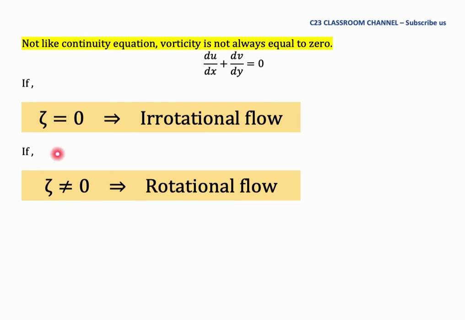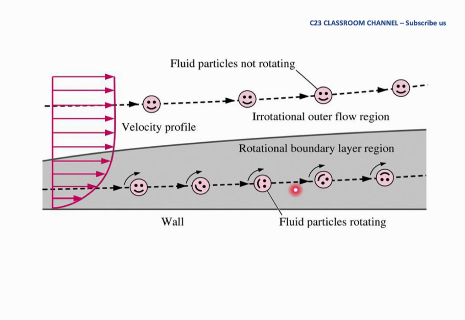So if zeta, or vorticity, is equal to 0, we call this flow irrotational flow. It does not rotate. And if zeta is not equal to 0, we call this rotational flow. So the difference between irrotational and rotational flow can be simplified in this diagram.